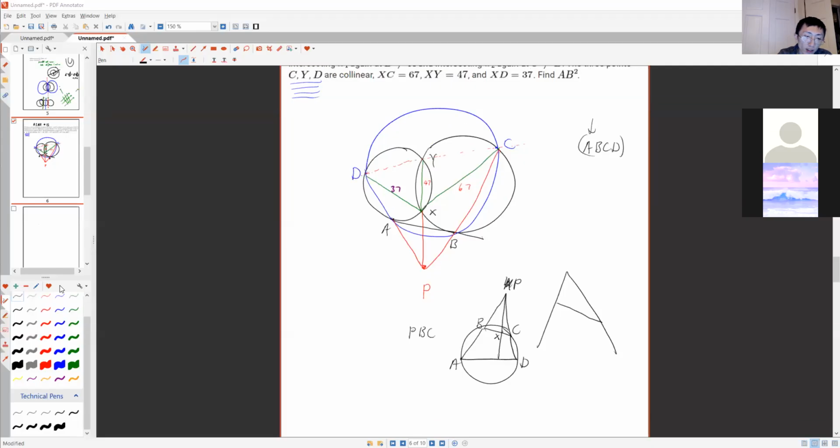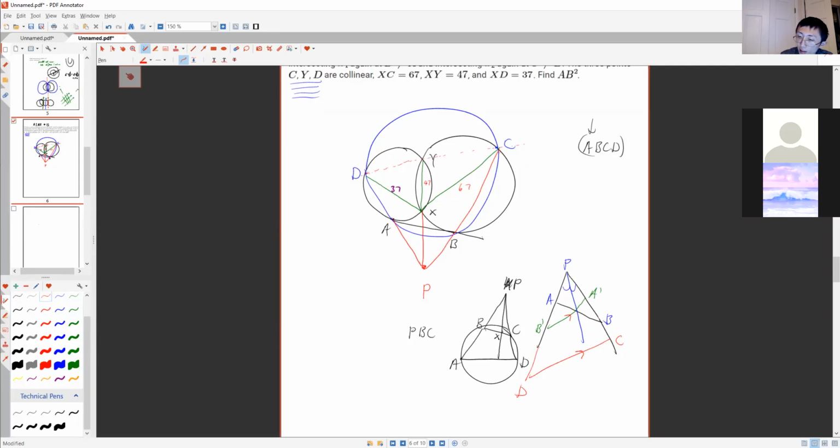So here's A and B, and you reflect it over the angle bisector, so it becomes A prime and B prime, and then you can scale A prime B prime to C and D. So there's a homothety or dilation from PA prime B prime to PCD. So these two are supposed to be parallel.